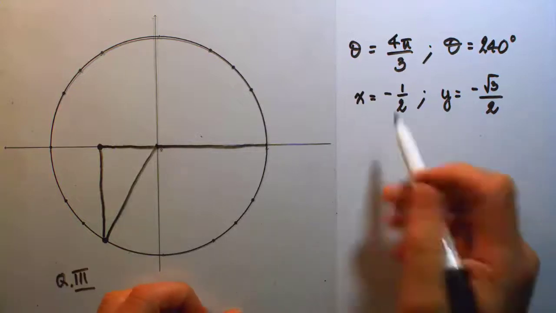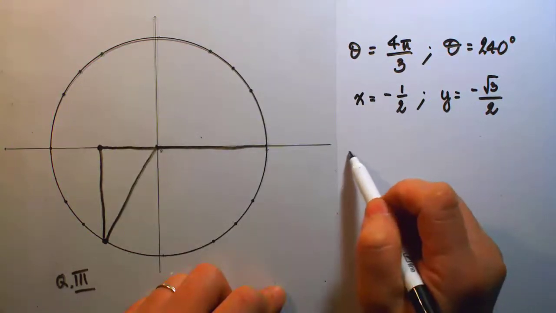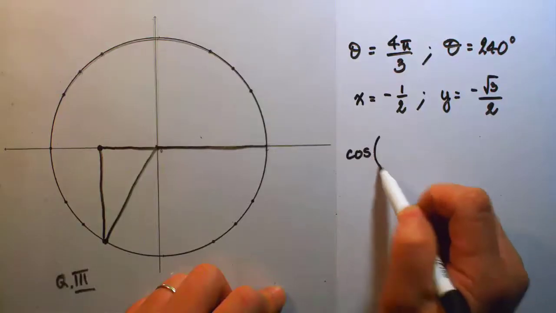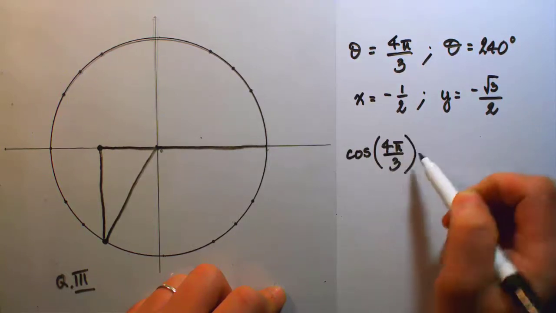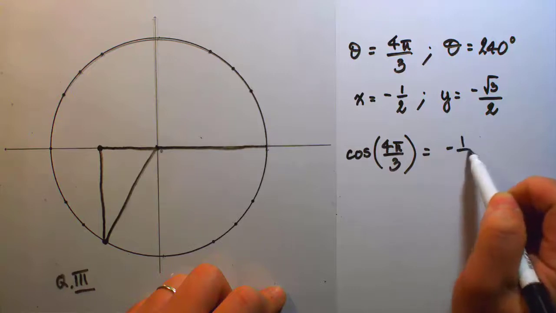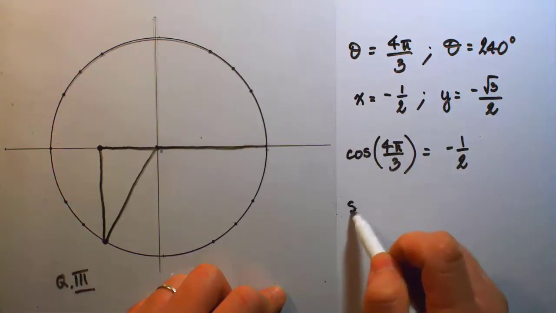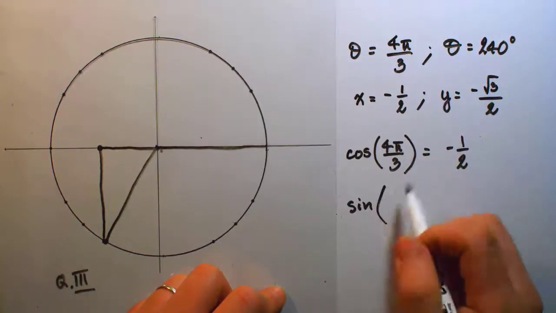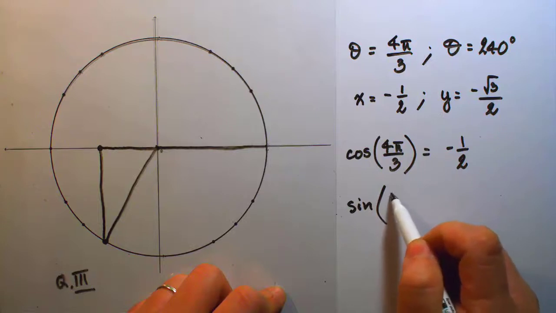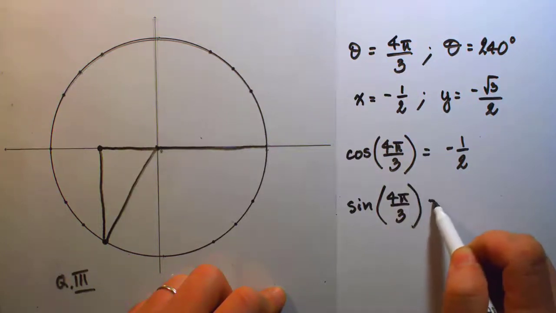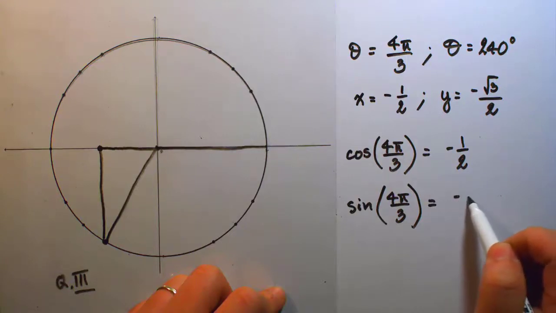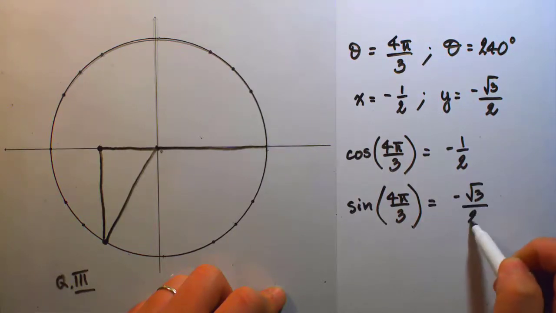So now I can say that cosine of the angle 4 pi over 3 equals negative 1/2, and the sine value of the angle 4 pi over 3 equals negative square root 3 over 2.